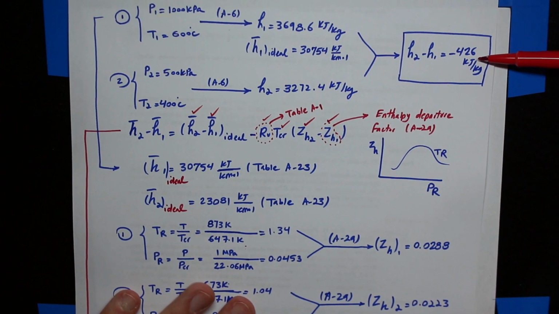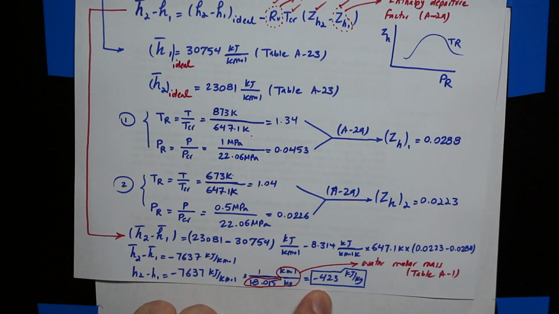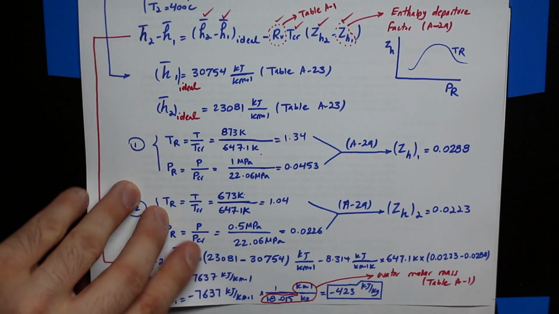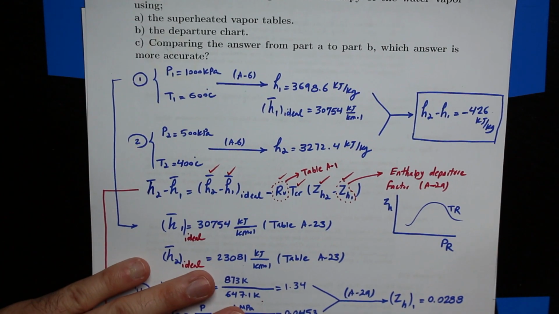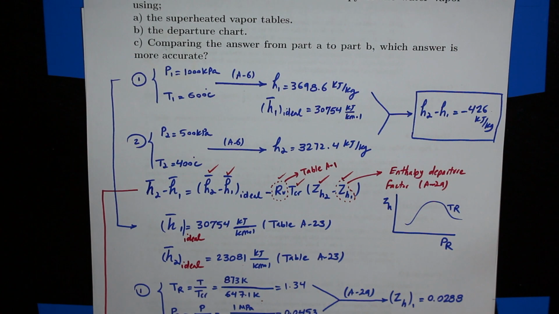So this is what we had in part A, and this is what we had in part B. So these two numbers are pretty close. In part C, the question is asking to make a comparison between the result that we have in part A and part B. So let me just write that on a new piece of paper.